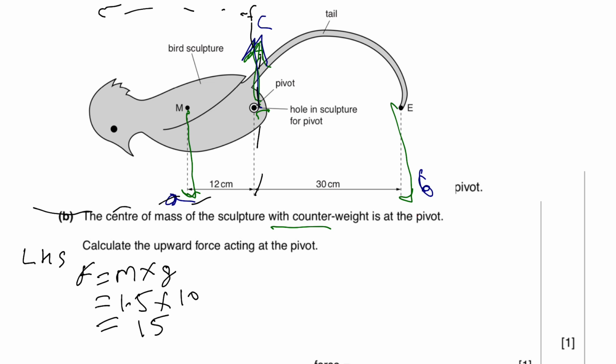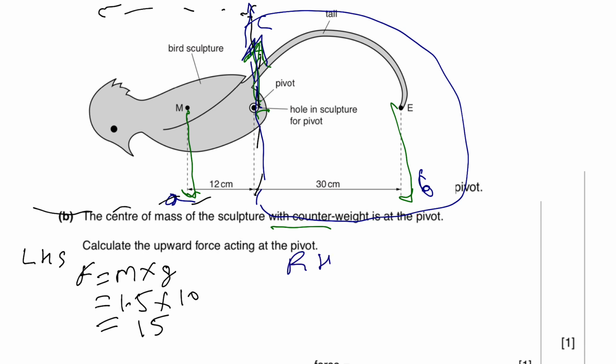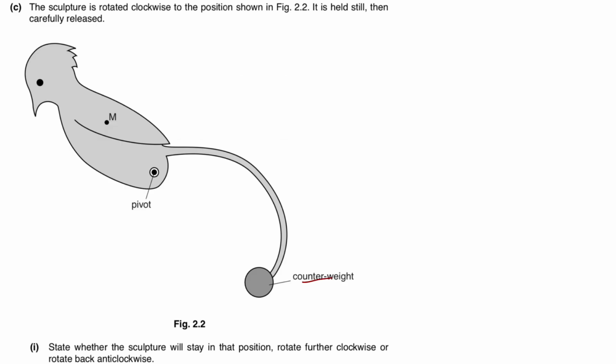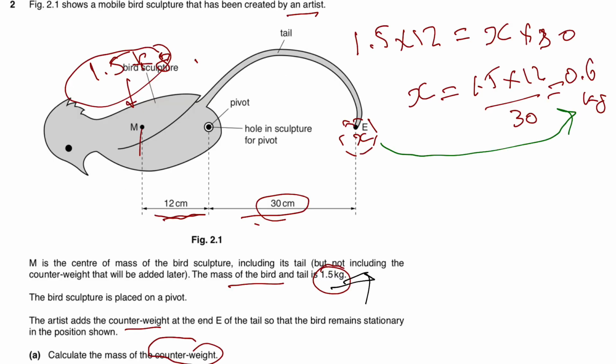Now for the right hand side, we want to find out this area. So right hand side is the same, F equals mg. Here we have the mass of the counterweight that will be added, which we have solved here.